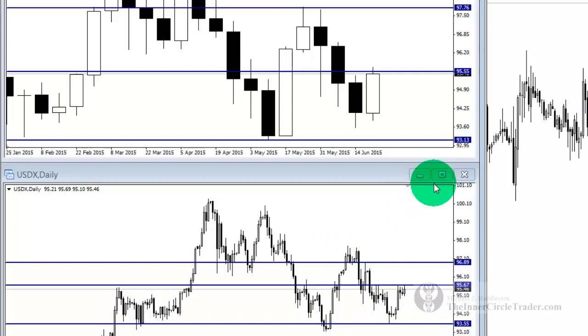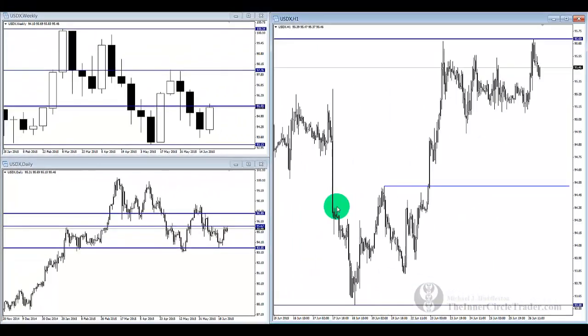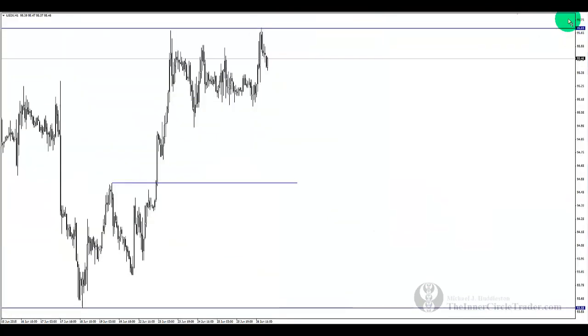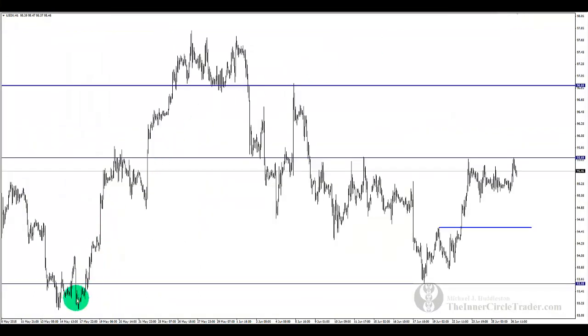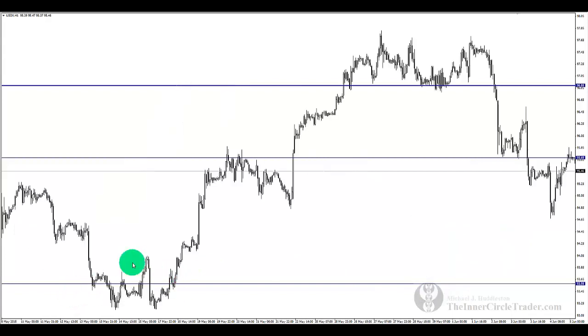If we go into our executable time frame, maximize it, 1 hour time frame, and scrunch that down a little bit. This is that rally up, and we've now retraced back down into it. This level in here, we're going to go over here and zoom in, and look at all this consolidation in here.